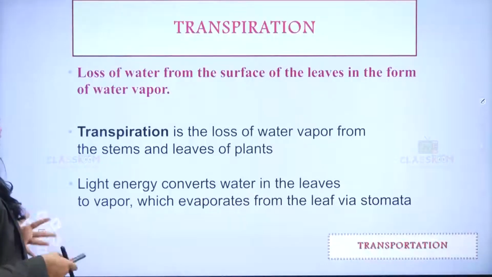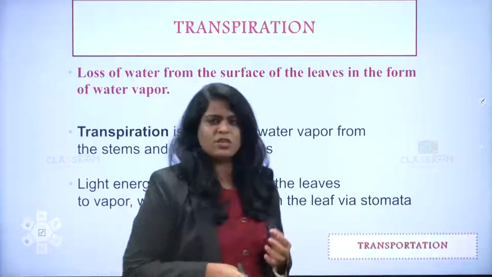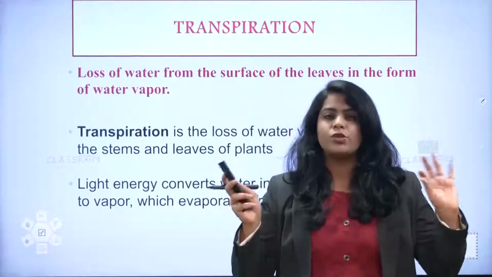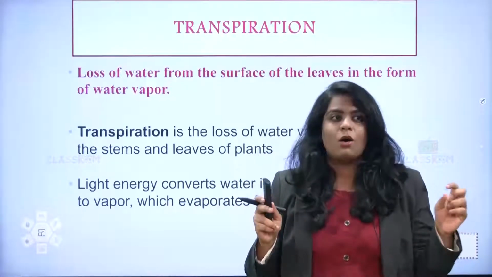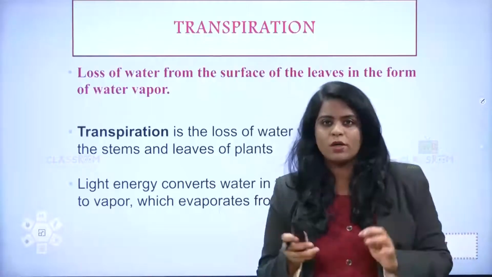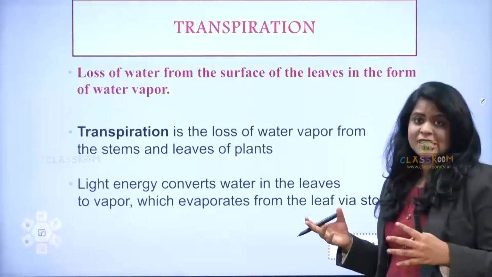Now, what is transpiration? Everyone knows about water vapor, right? When you see in the early mornings, you can notice a dewy look on the leaves, like very small drops of water. Do you know what it is?